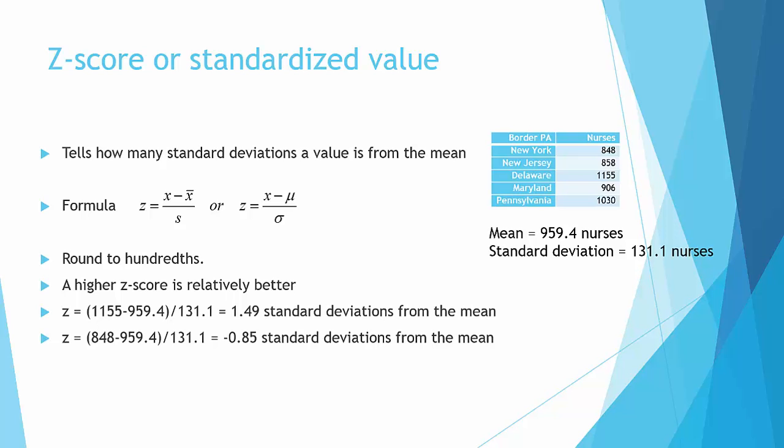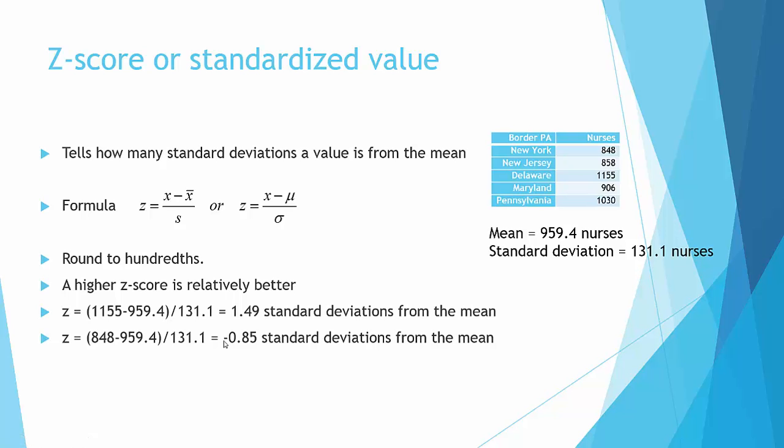So let's look at the low end. New York was our lowest, with 848 nurses per 100,000 residents. So I take that data value, subtract the mean, take my answer, divide it by the standard deviation, and I get negative 0.85 standard deviations from the mean. This negative indicates that my data value was below the mean.